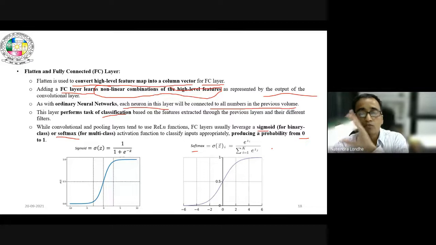After the fully connected layer's operation, it generates 4 probabilities, indicating that this particular output has the highest probability, meaning yes, this is a car, and this is not a car. That is the function of softmax, and this is the function of sigmoid.